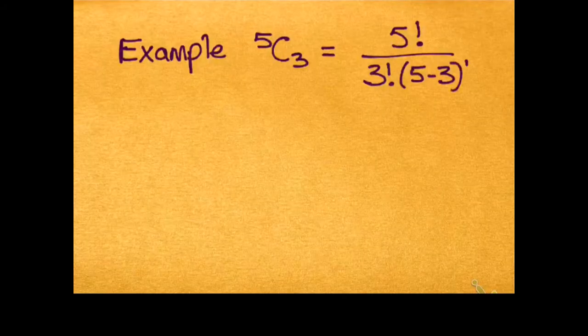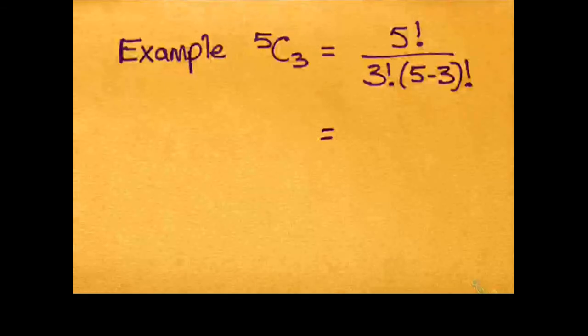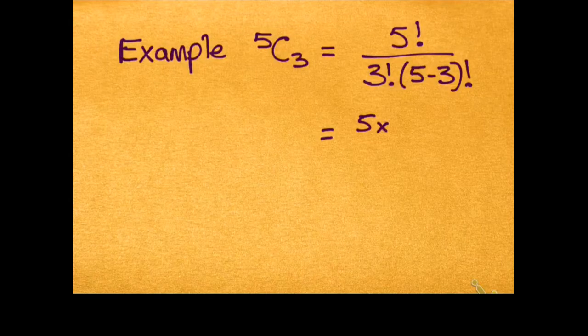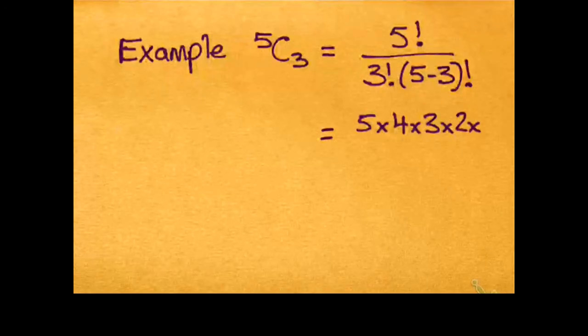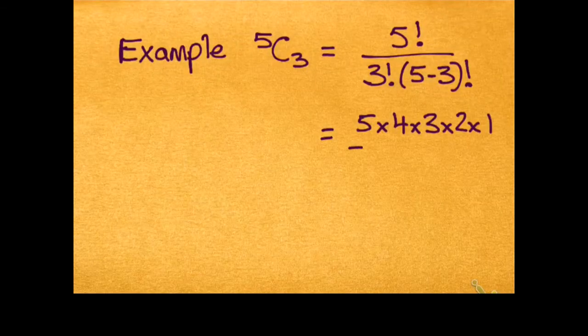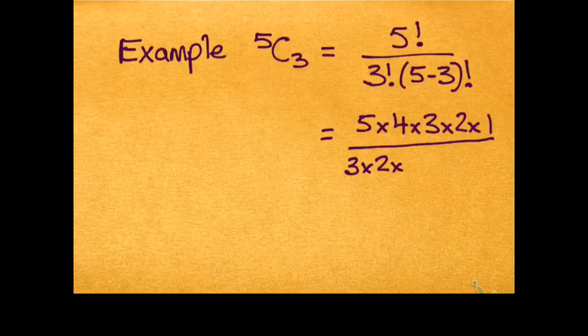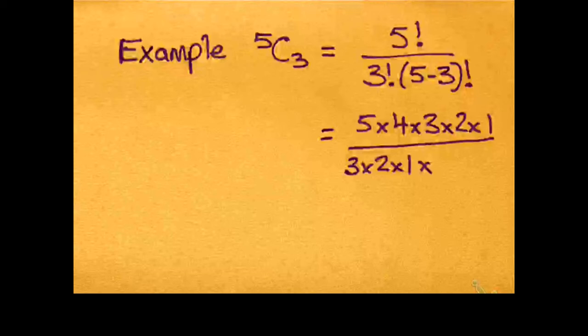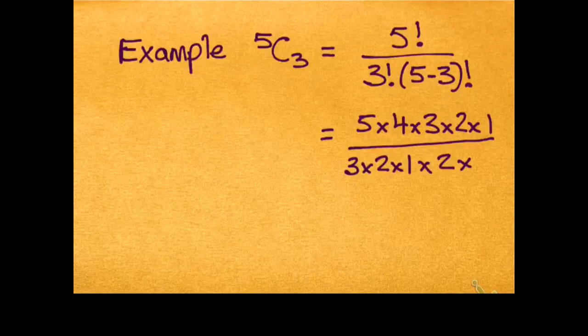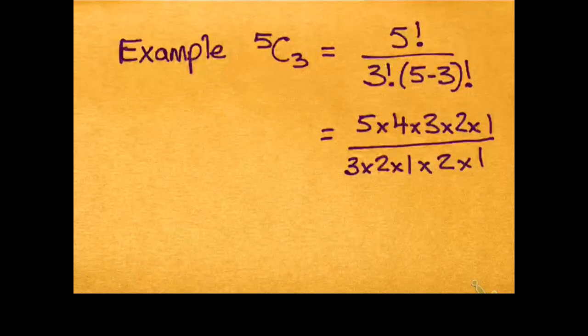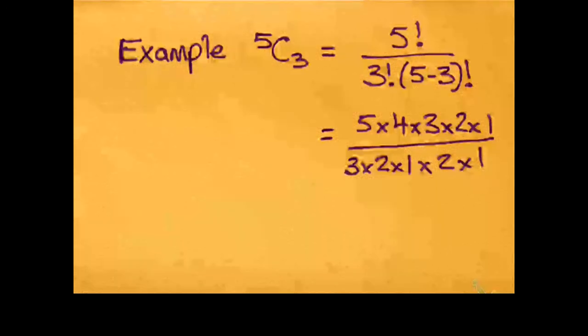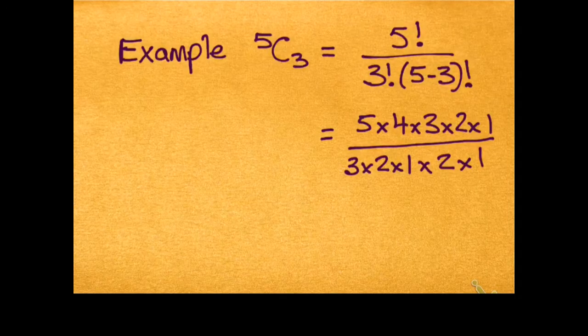It means we multiply the number by each of the positive integers less than it. So for example, 5 factorial is 5 times 4 times 3 times 2 times 1. And then on the bottom of the fraction, 3 factorial is 3 times 2 times 1. And then in the brackets, 5 minus 3 is 2. So 2 factorial is 2 times 1.